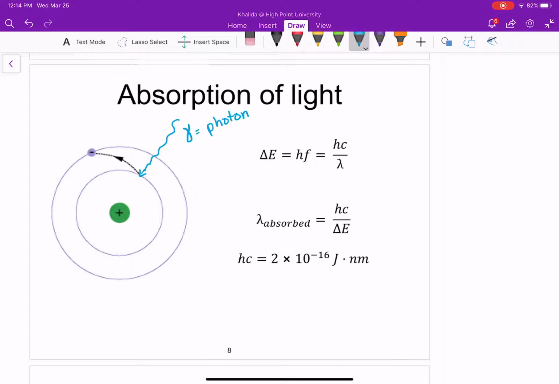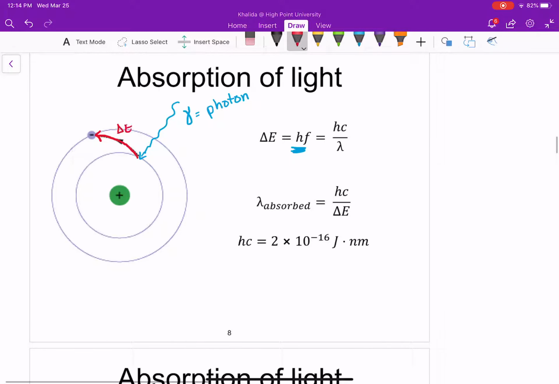So it's going to interact with this electron as a photon, which means that its energy is going to be hf, where h is Planck's constant. So in order for this electron to jump up to the next energy level, it needs to absorb exactly the right energy from the photon, which is going to be our delta E.